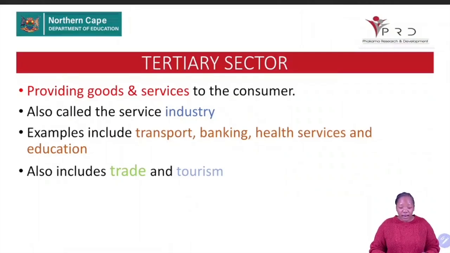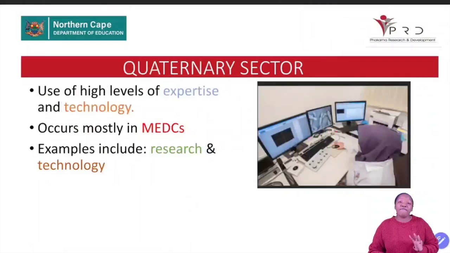So moving right along, we are now on the fourth sector. The fourth sector, remember, we call it the quaternary sector. This is a sector that uses a high level of expertise as well as technology. Remember, we said this sector deals with research as well as technology. Hence, you see in the picture there is a lady who is busy researching on the computer. So this is the quaternary sector.